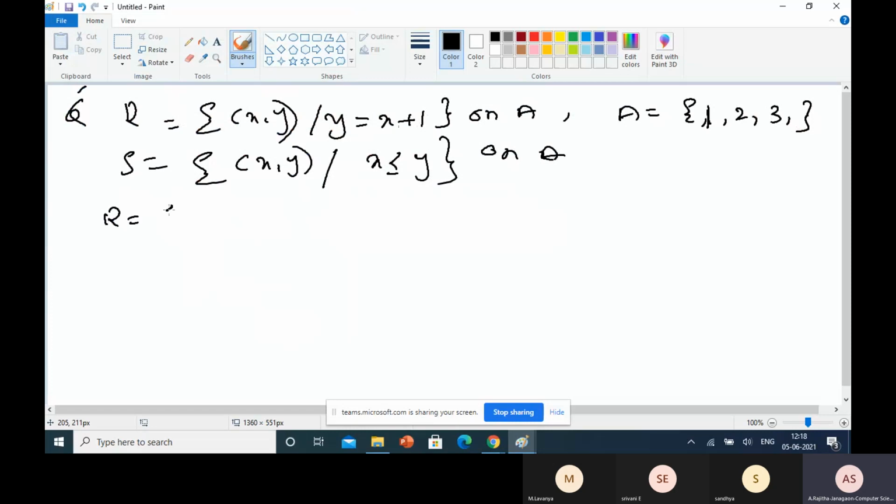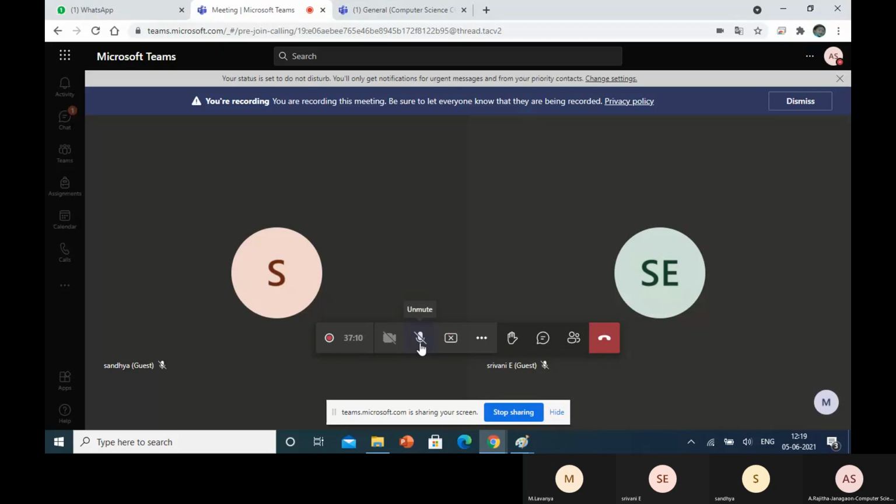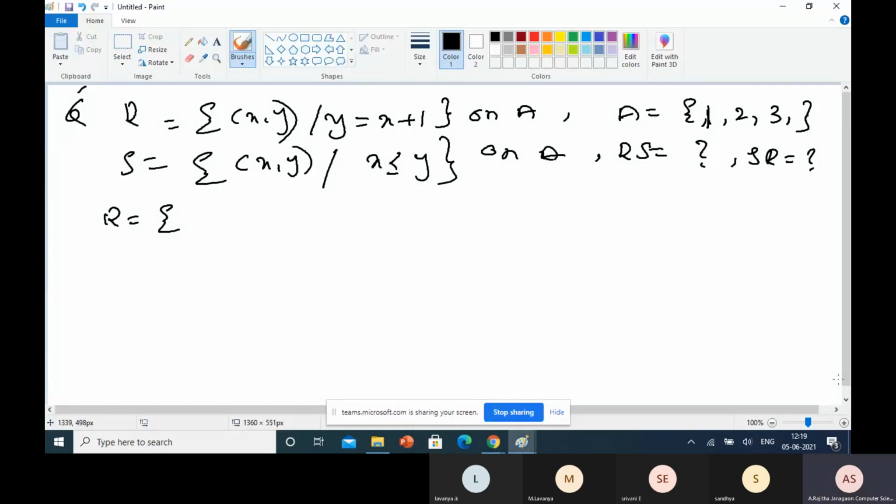Now what are R and S? For R, that means x plus 1.